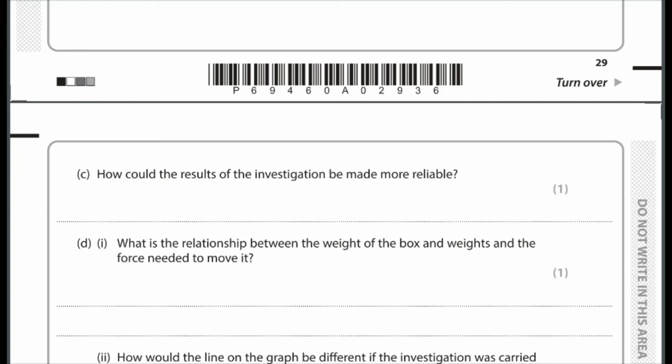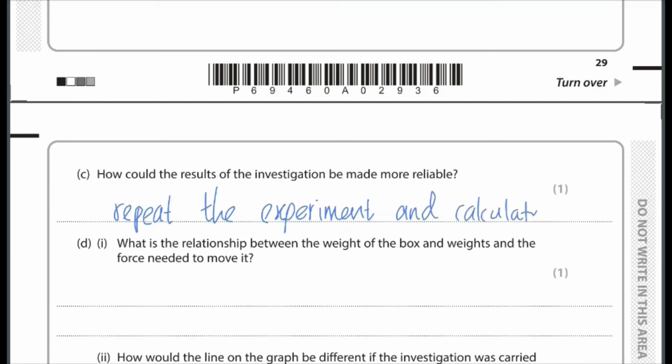So repeat and take an average. Next one, what is the relationship between the weight of the box and weight and the force needed to move it?